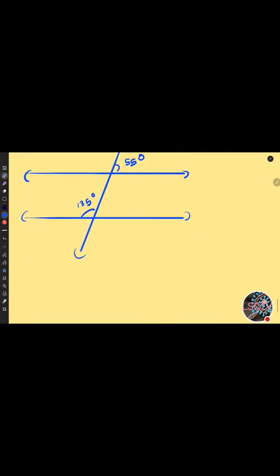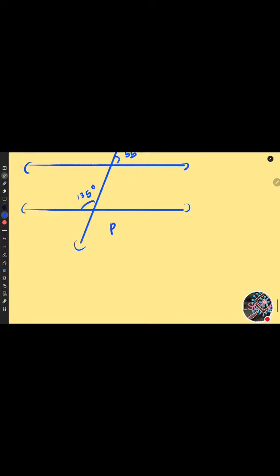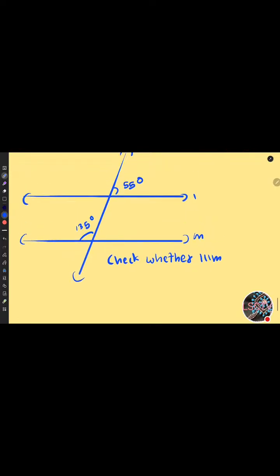Now, this is an easy question. Prove or check whether L is parallel to M. Very simple question.